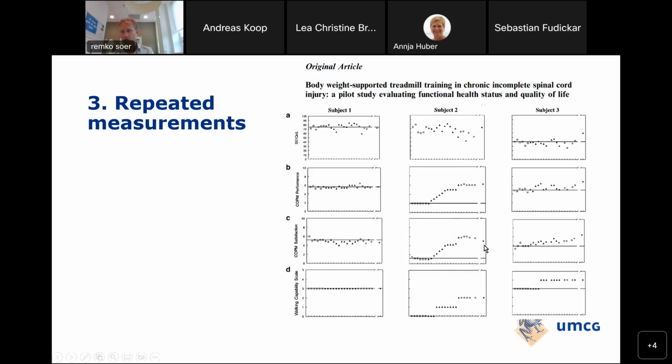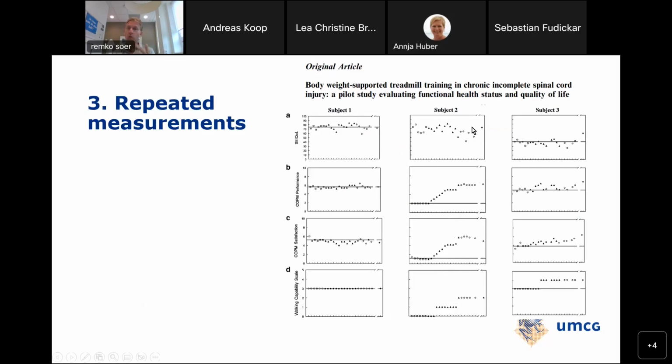While here you might see some washout, so the satisfaction decreases a little bit. You do the intervention and they were really hoping their walking capability became better. But when the intervention stopped and people went home again, they had to support their whole body again. And they said, okay, this was a bit of an in vitro situation. And you also didn't see a lot of those things in quality of life.